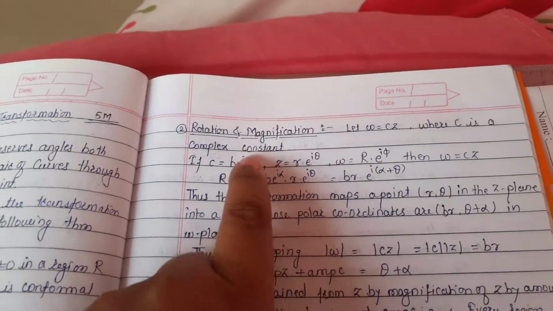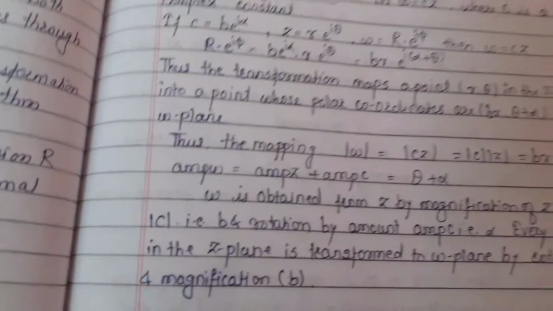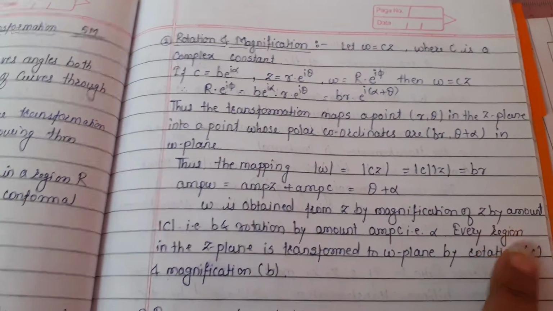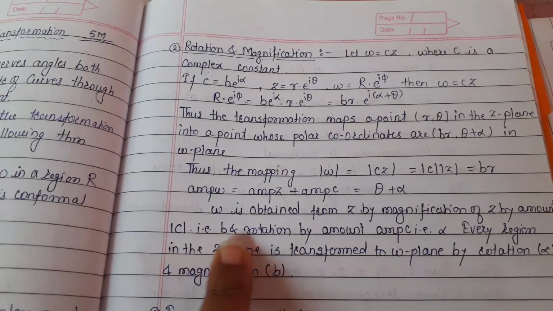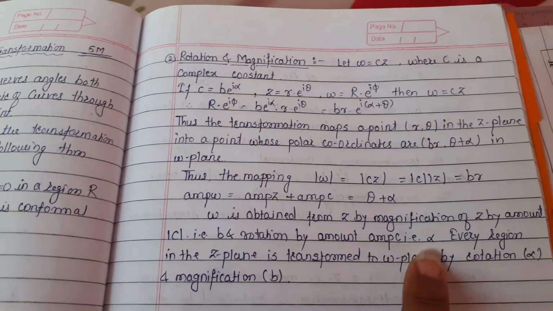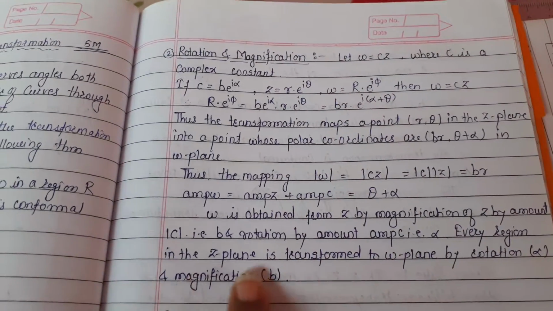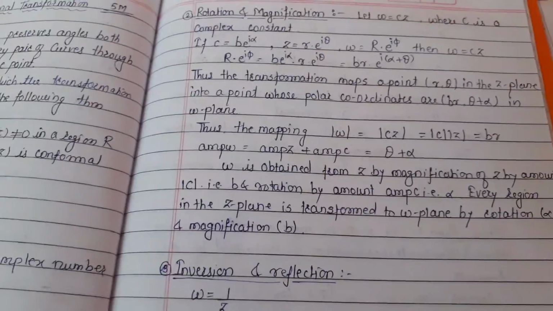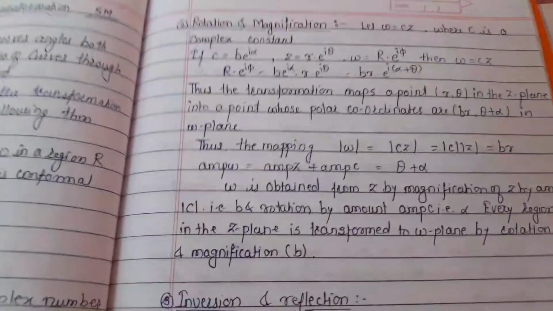Amplitude of c means angle, given here alpha, so that is theta plus alpha. Hence w is obtained from z by magnification of z by the amount of mod c, that is b, and rotation by the amount of amplitude of c, that is alpha. Every region in z plane is transformed to w plane by rotation alpha and magnification b. So in this way we consider rotation and magnification.